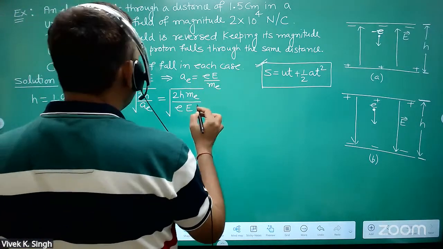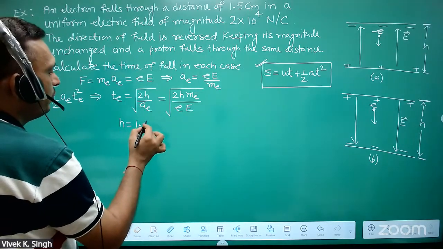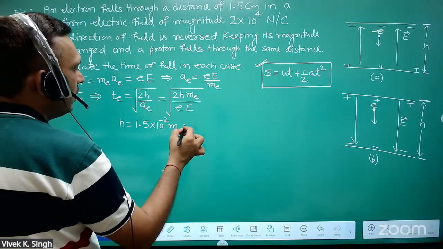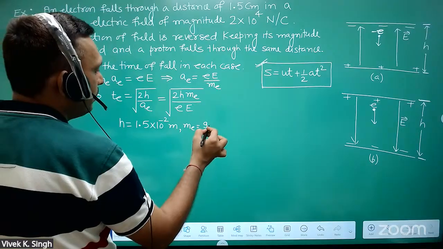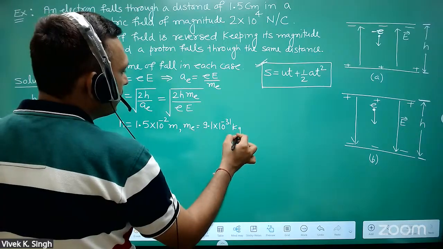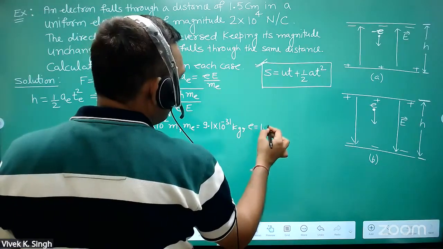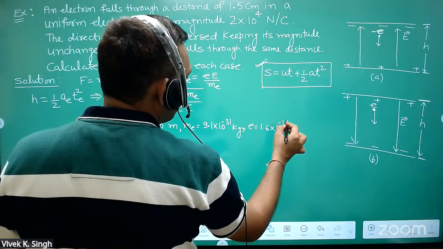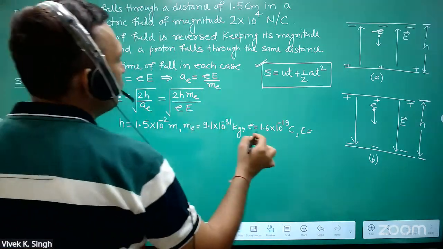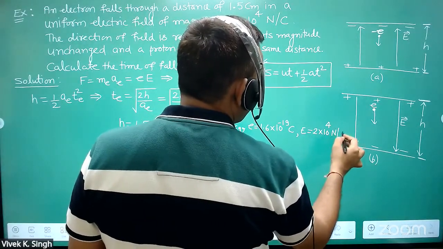Put h equal to 1.5 into 10 to power minus 2 meters. Mass of electron is 9.1 into 10 to power minus 31 kg. And the electronic charge is 1.6 into 10 to power minus 19 coulombs. And electric field E is given as 2 into 10 to power 4 Newton per coulomb.